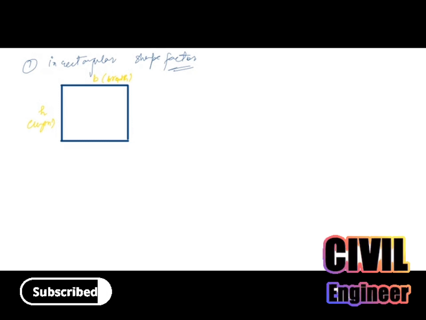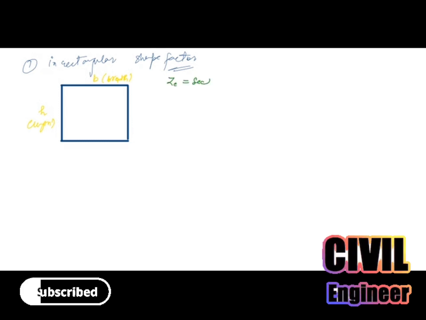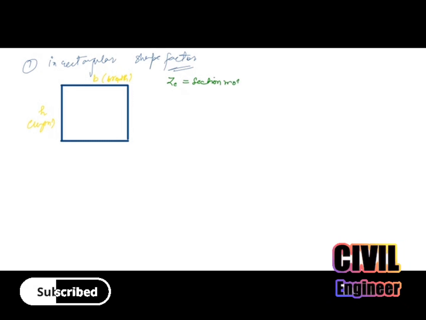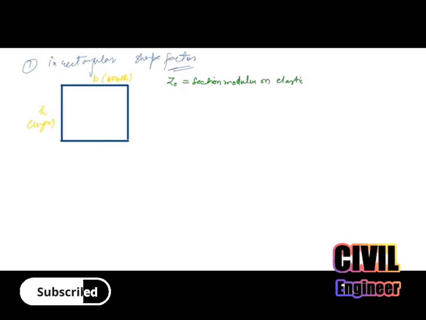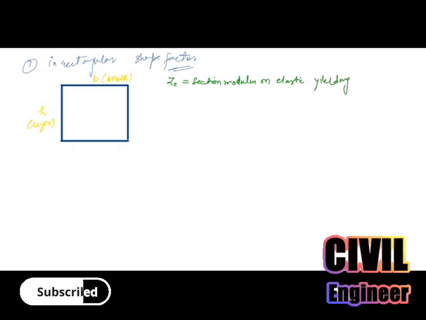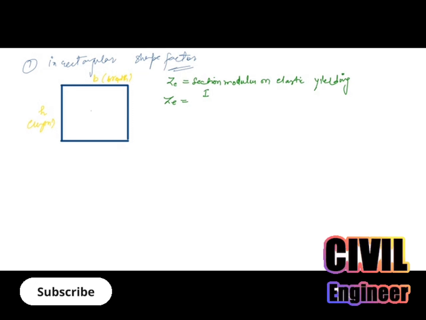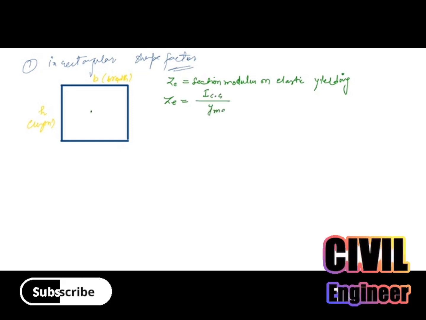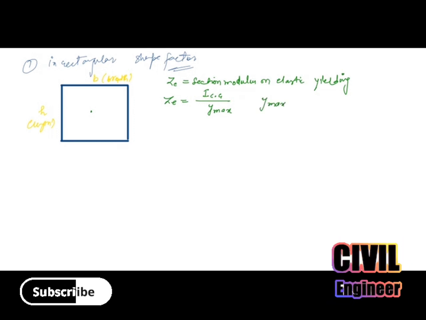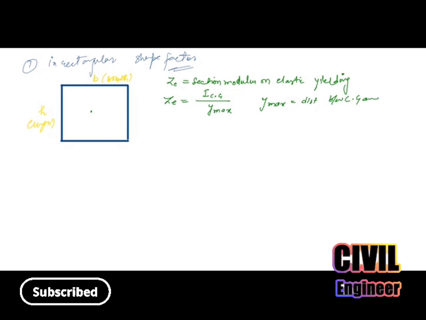Now, what is ZE, that is the section modulus on elastic yielding? ZE will be I about the centroidal axis divided by y max. Y max is the distance between CG and the outer fiber.